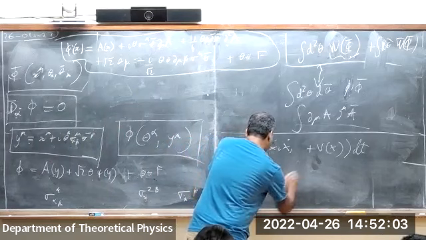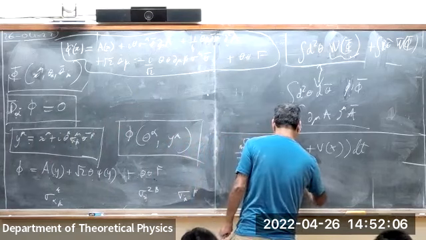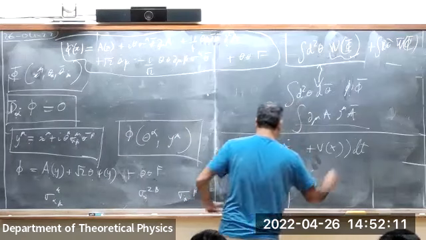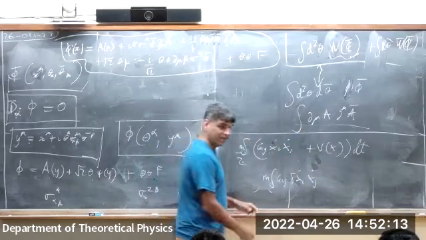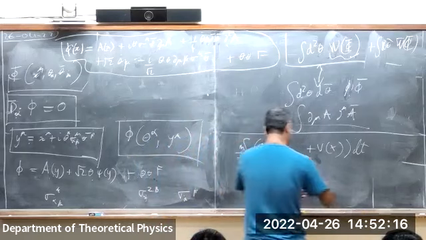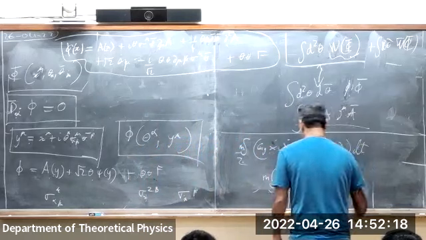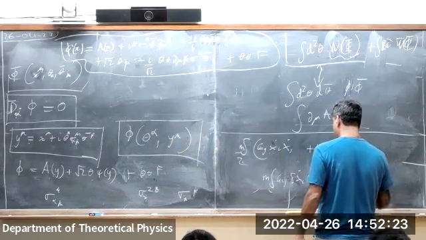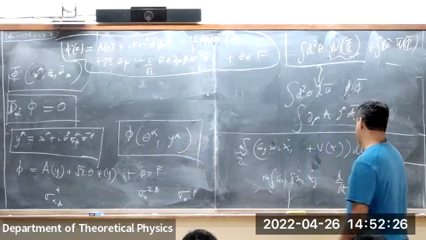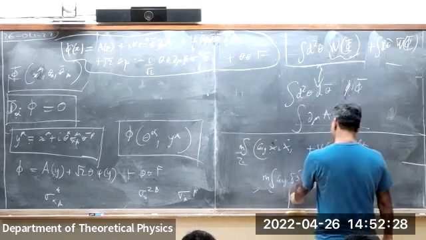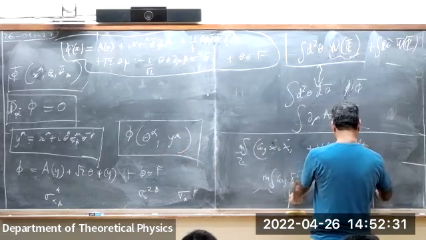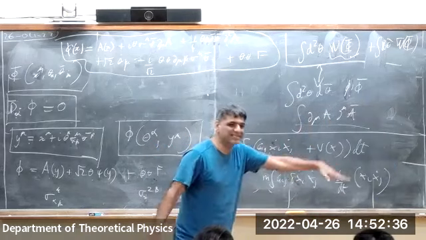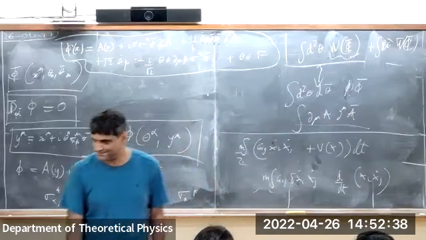We get m G_ij delta x^i dot x^j dot. Then we integrate by parts, so we get d by dt of the whole thing, taking the delta outside, and then minus whatever we get gives us the equation.